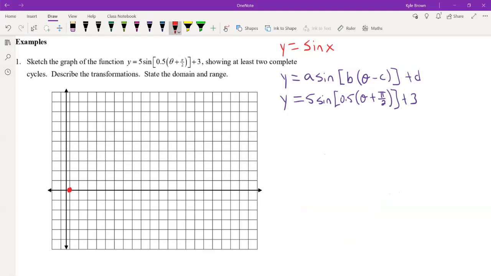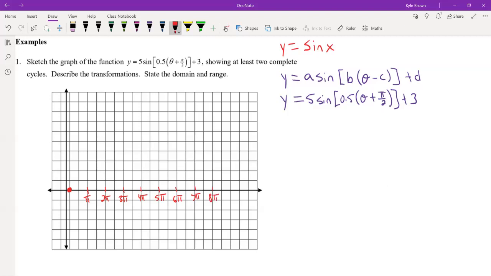Then it has a period of 2 pi, right? So what I'm going to do, I'm going to write down every 2 ticks, I'm going to make pi. So I'll go pi there, and then 2 pi, and then we've got 3 pi, 4 pi, 5 pi, and 8 pi.